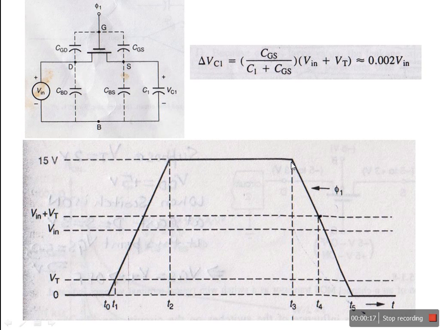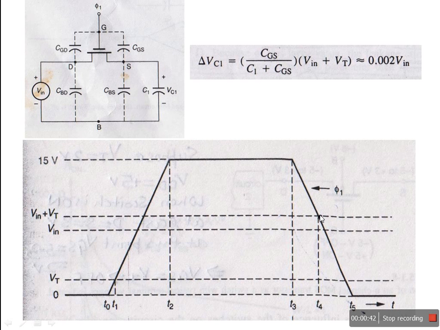The problem will start when this phi 1 or the switch starts turning off. This is the level at T, from T3 to T4 it will start turning off. And can you say when the switch will be off?